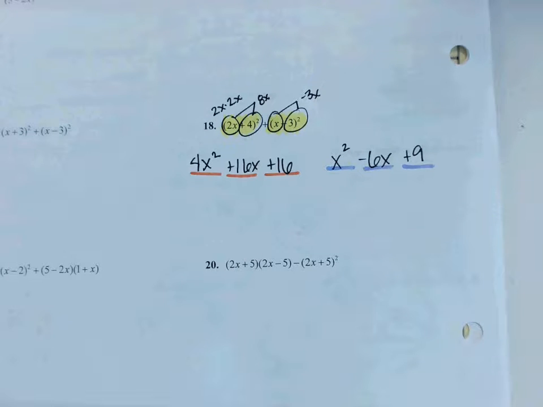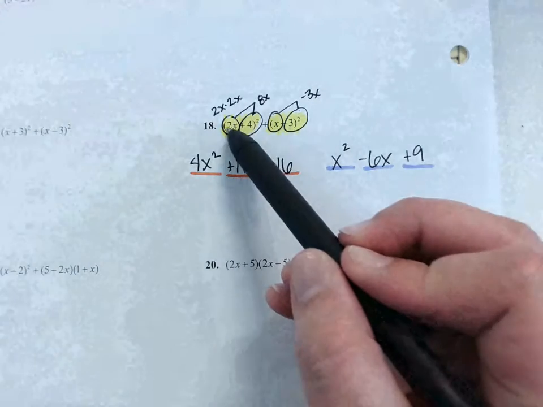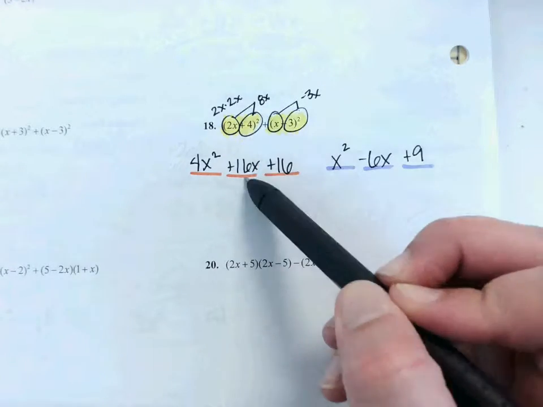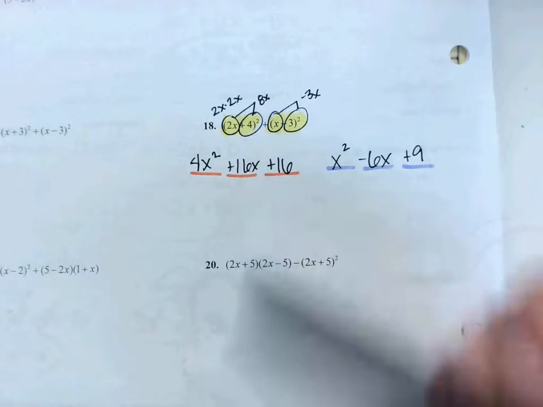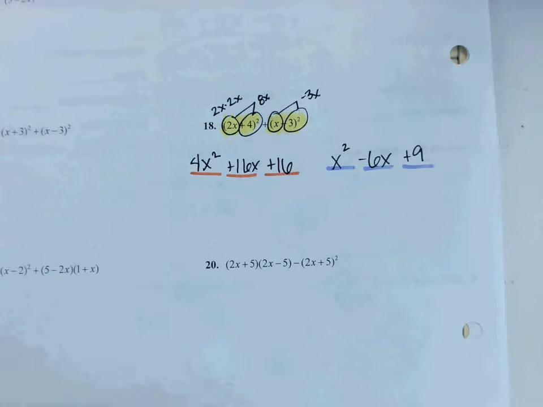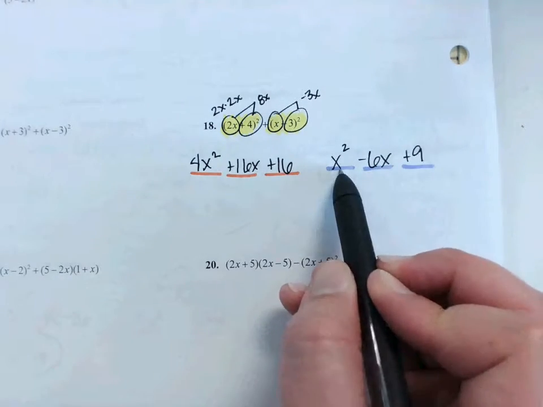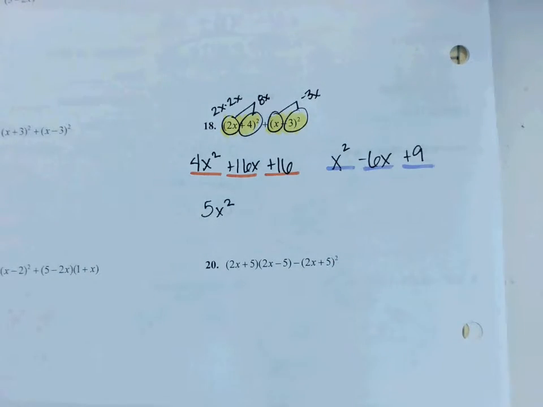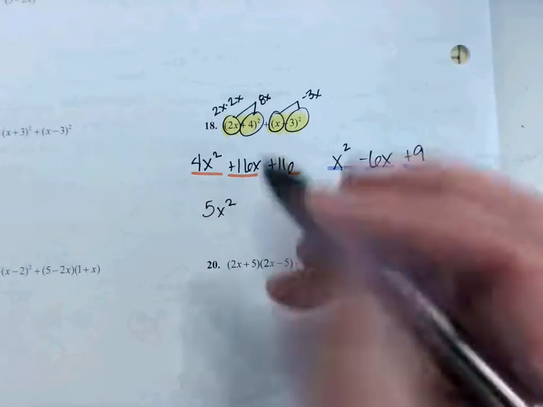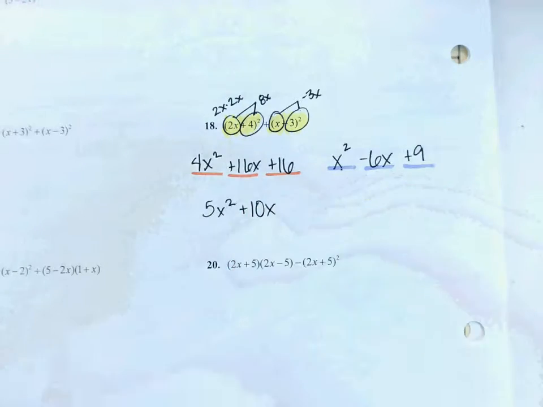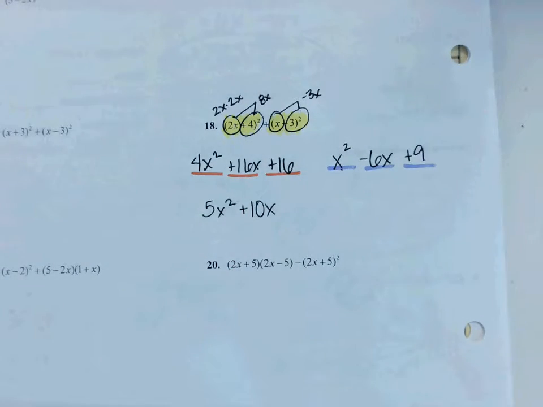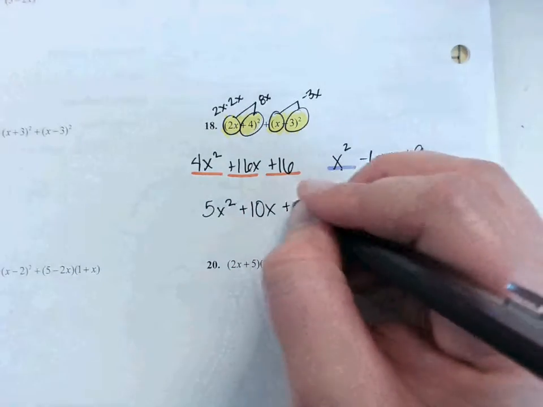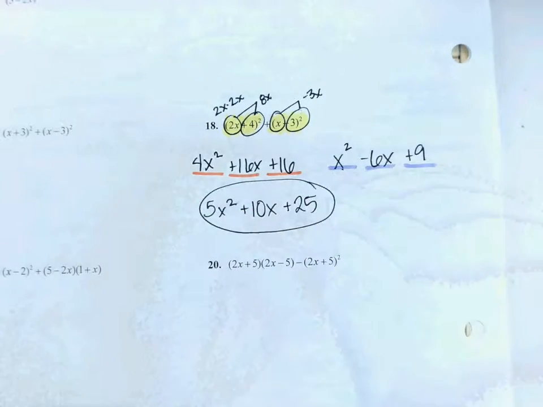Then put them together and double. 2x plus 4 squared? So 2x times 4 is 8x, and then I double it to put it in the middle. And then combine like terms. What do I have total? X squared and x squared is 5x squared. 16x minus 6x's is 10x. And then 16 plus 9 is, yep.